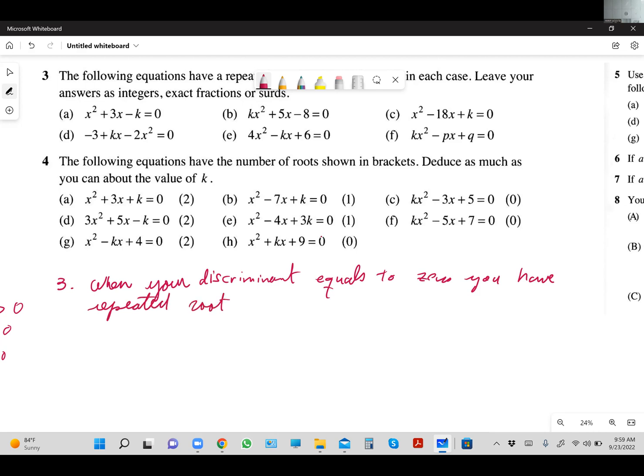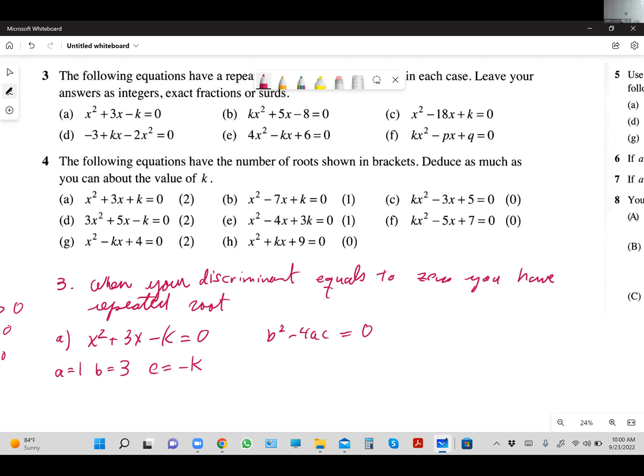So all you gotta do to figure out k in this case, so let's say you did 3a, you have x squared plus 3x minus k equals 0, right? You would say, okay, a is equal to 1, b equals 3, c equals negative k, right? When b squared minus 4ac equals 0, that's when that will happen.